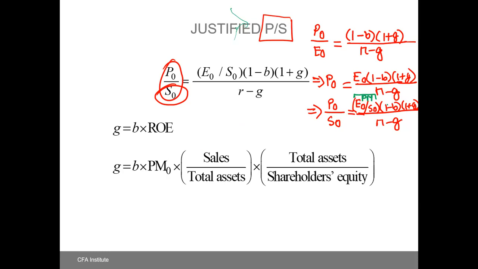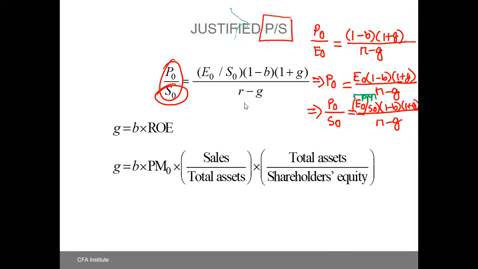And this part, 1 minus B, can you recall what it is? Was it the payout ratio or is it the retention rate? 1 minus B is equal to the payout ratio.